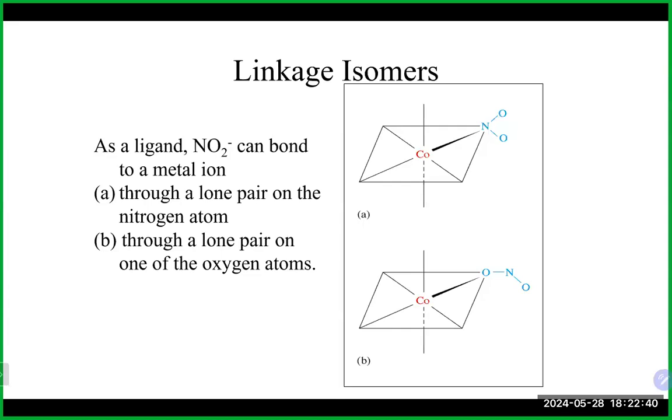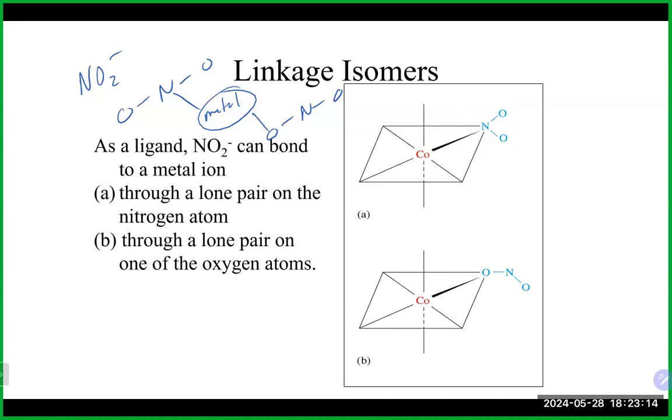So if we look at our friend nitrite here, in the case of nitrite, it has the ability to attach to the metal through the non-bonding electrons on the nitrogen, but it also has the ability to attach to the metal through the oxygen non-bonding electrons. It is still going to attach in only one place, but it will attach either through the nitrogen or the oxygen here. And that's what we see here in the top one.